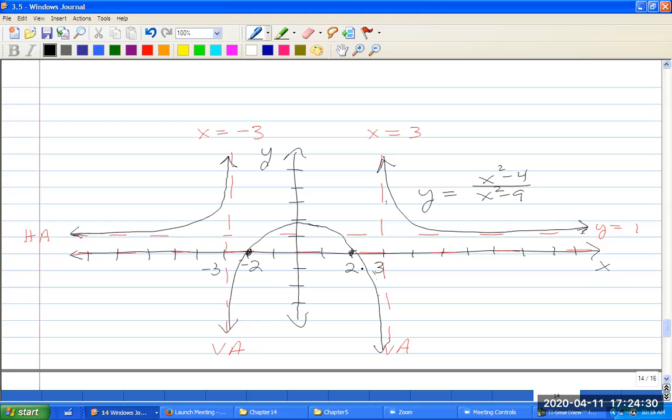There are no holes in this graph, and the y-intercept is at 4/9. So let me make this a little bit nicer. It's at 4/9. So actually it's a little flatter than what I drew here.